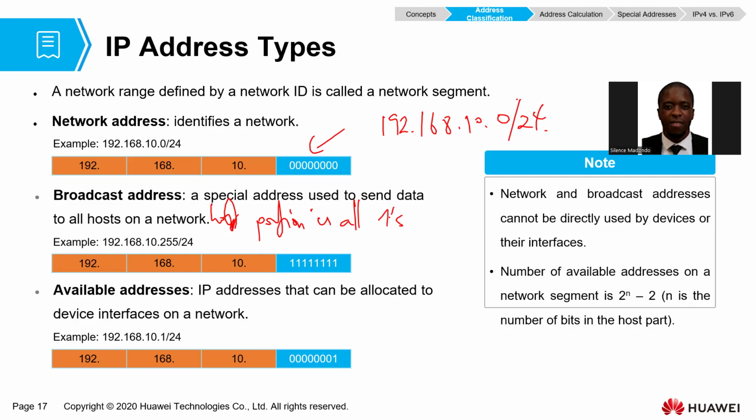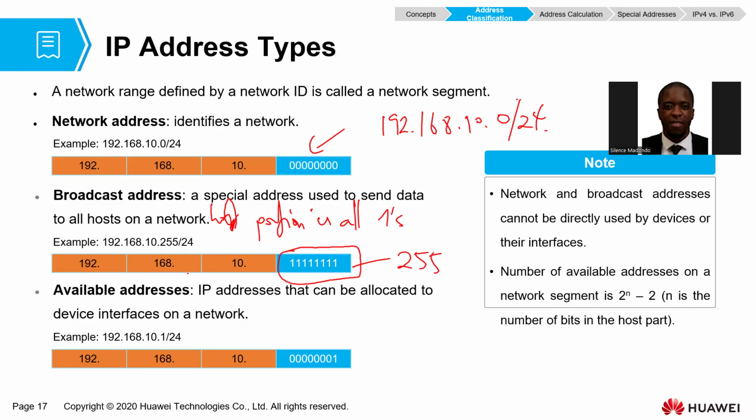So this is what we mean by all ones. You take the host portion and every bit that you have on the host portion, you put it to 1. And after this, you realize this is where we get our 255, which is our broadcast IP address.